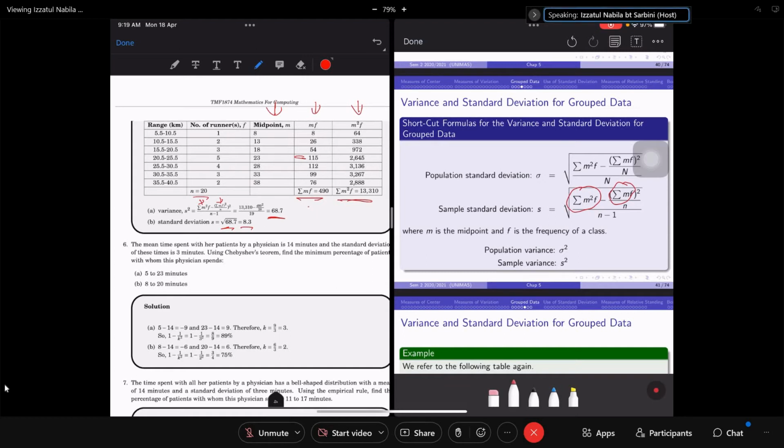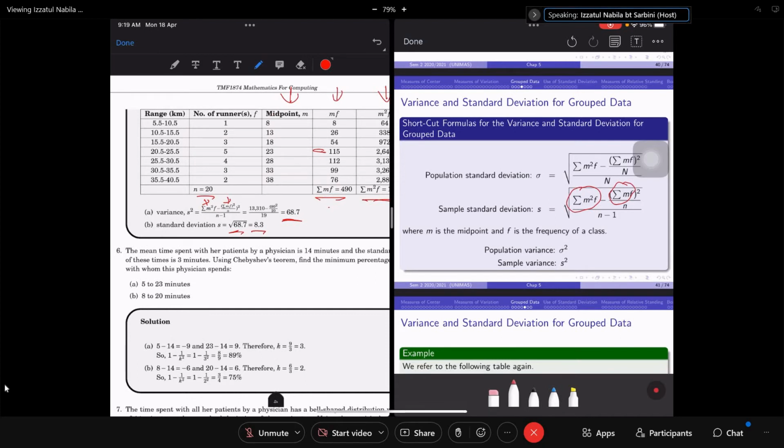The problem is which formula to use. You need to understand the case study, understand the problem, then decide which formula to use. You don't have to memorize the formula because you can refer to it anytime, but you have to know which formula to use in each problem.